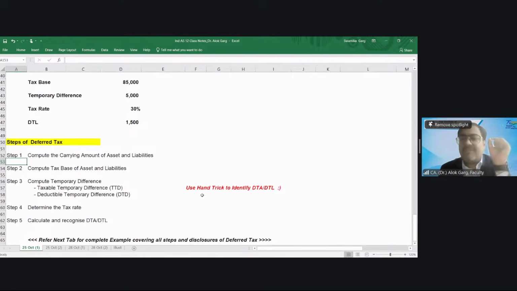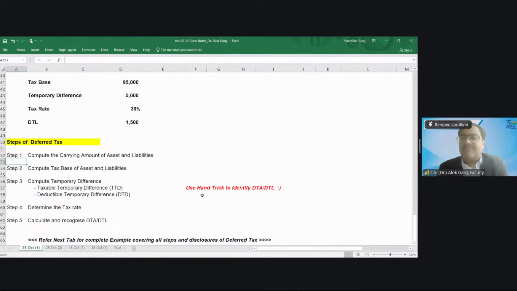So the question may ask you, after giving some data, some information: what is the profit which is carried to the retained earnings? My dear friends, if the question is asking about the profit which needs to be carried to the retained earnings, is the question asking you profit after tax or profit before tax?